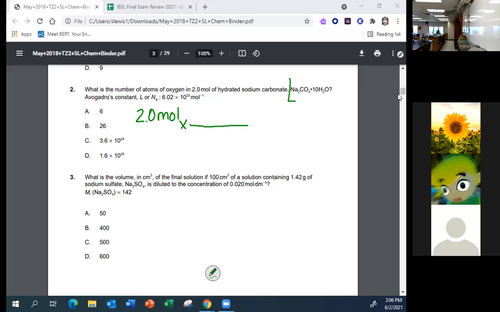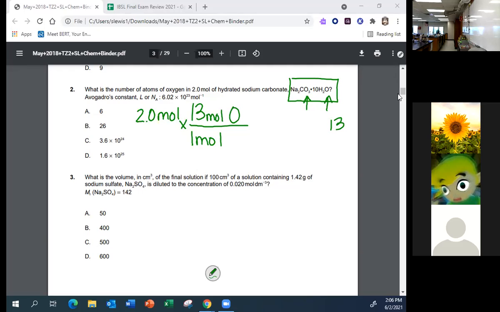And so when I look at 1 mole of the sodium carbonate decahydrate, how many oxygen atoms are in one of these formula units? So there's 3 there, and there's 10 there, for a total of 13. Okay, so there are 13 moles of O in 1 mole of sodium carbonate decahydrate.